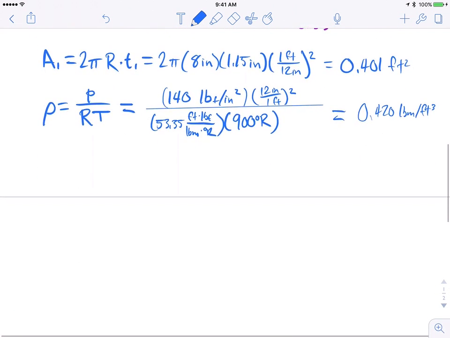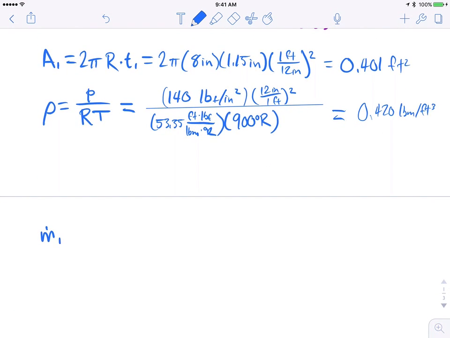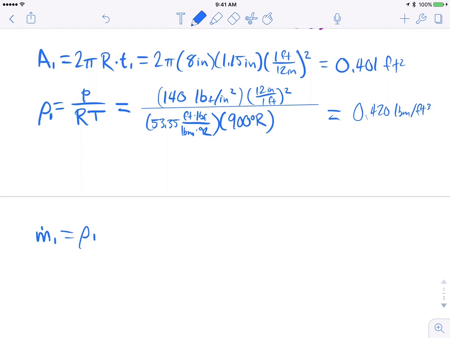Once again, the mass flow rate at that point is going to be equal to the density at 1, which is what we just calculated, times that flow area times the axial velocity, which is what we're interested in figuring out. So we can just reorganize things. Our axial velocity is equal to the mass flow rate divided by the density times the area.